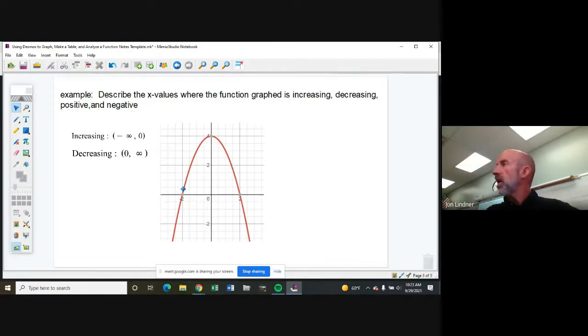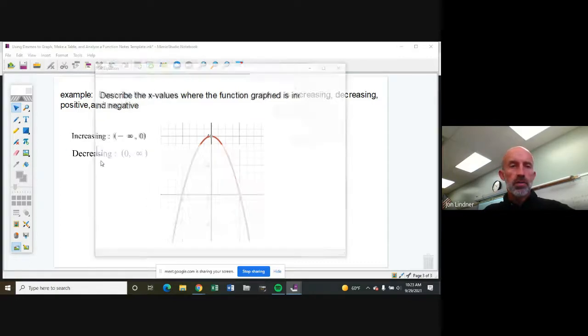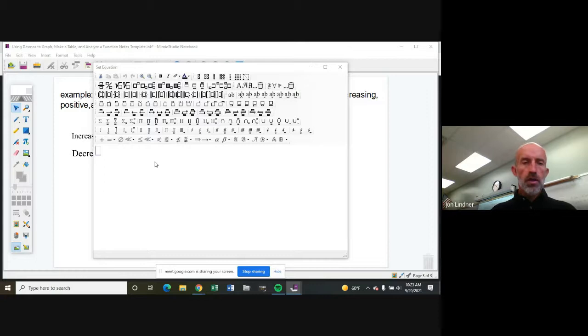So we want to state the x values where it's positive. Do you see that's from -2 to +2? From -2 to +2, all of the y values are positive. So to state where it's positive, we'll do that now. This function is positive from -2 to +2. That one's easy.